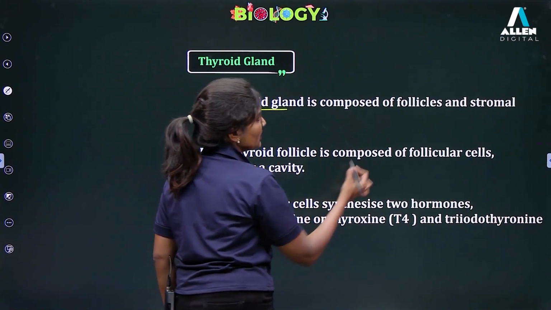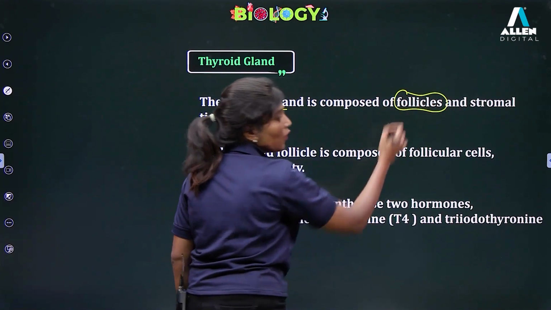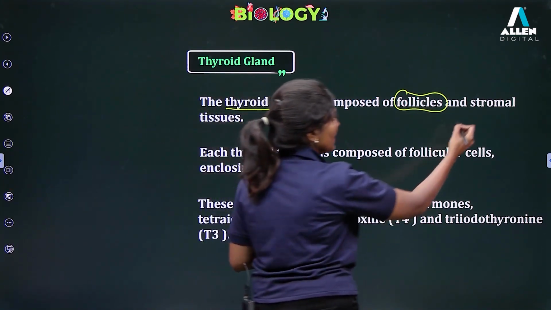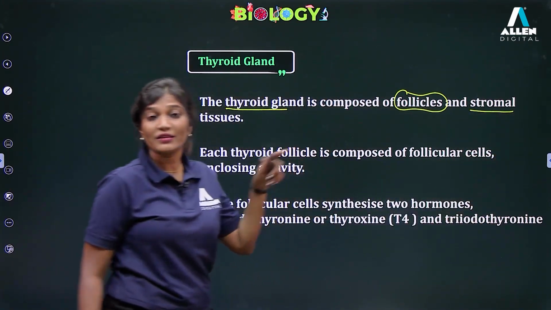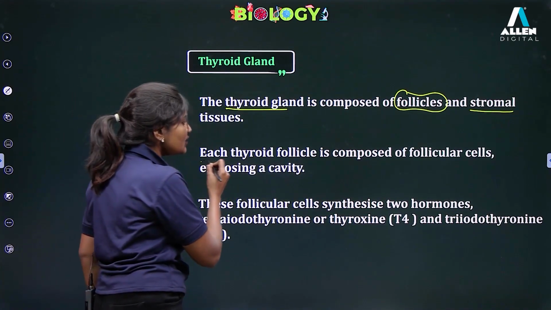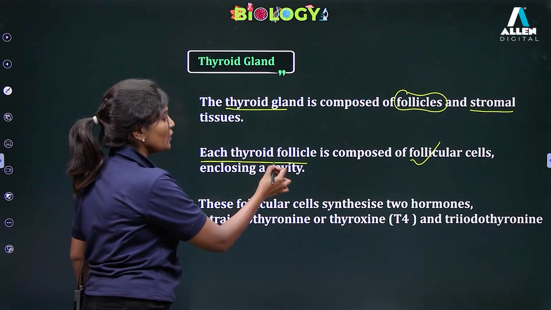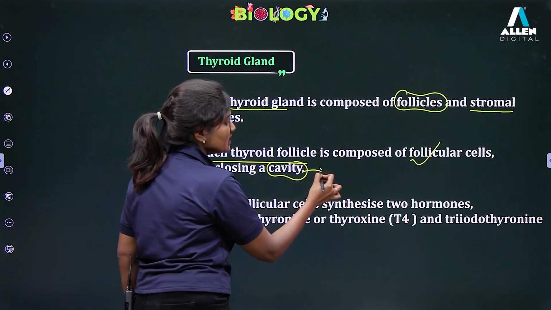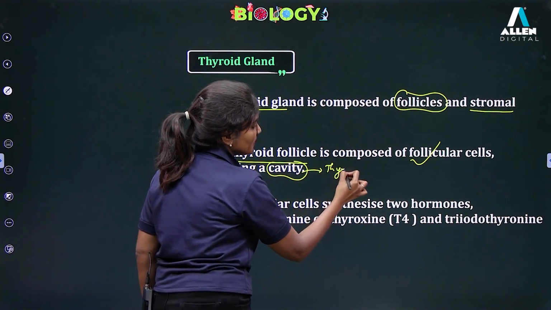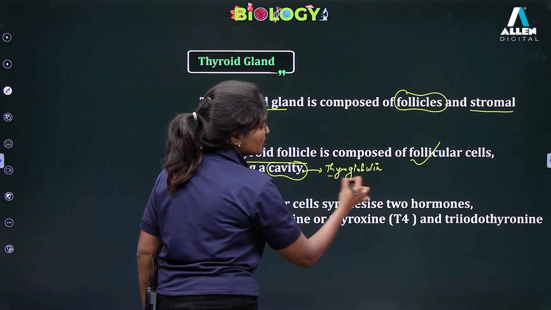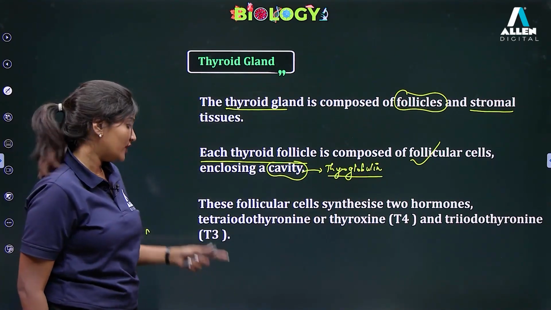So the thyroid gland is composed of follicular cells or a follicular epithelium which is lined by a simple cuboidal epithelium, and the stroma, I told you, is where the thyroid follicles are present, and each thyroid follicle is composed of follicular cells, as we have seen, enclosing a cavity. In this cavity, thyroglobulin is present. This is what we have seen. Later, this thyroglobulin will be converted into T3 and T4 molecules.